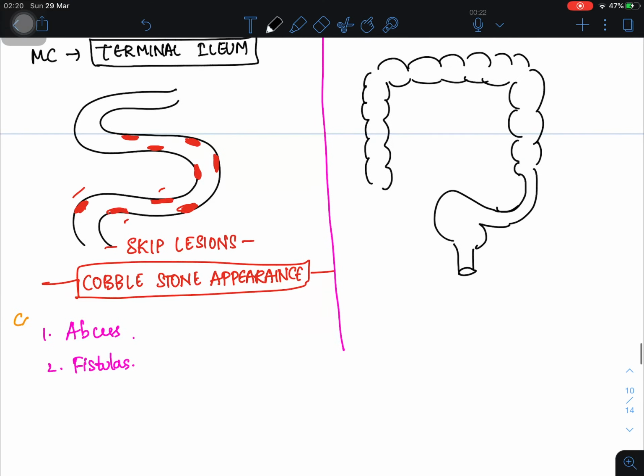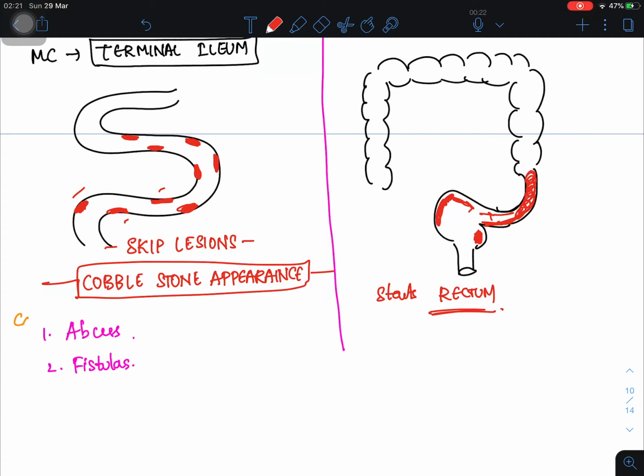Now here the inflammation basically starts in the rectum. Where is the first site of inflammation? The inflammation starts in the rectum, and from the rectum it can spread upwards like this.